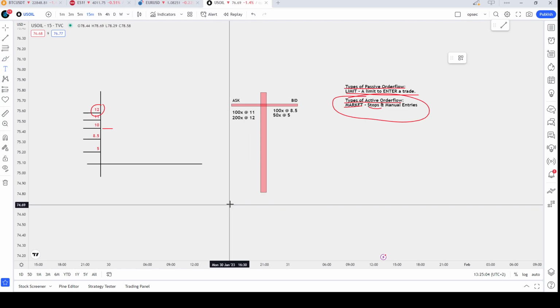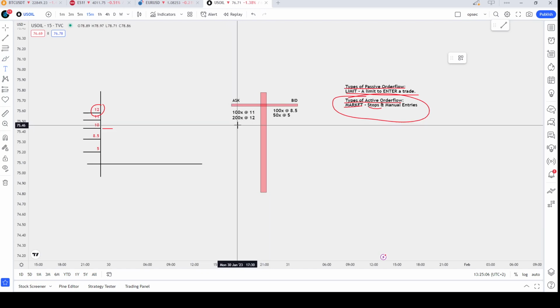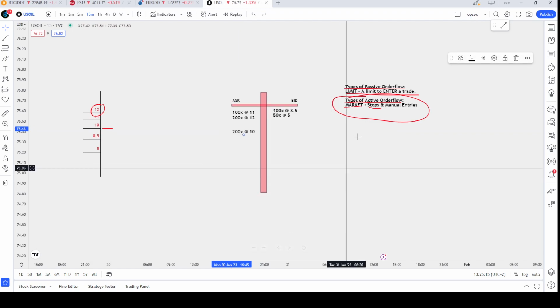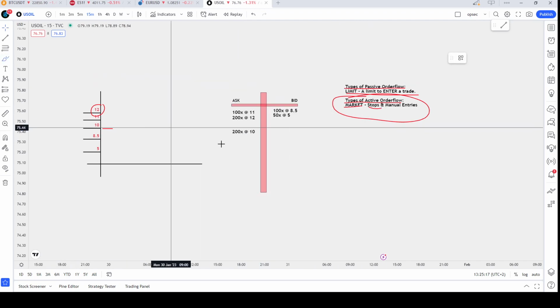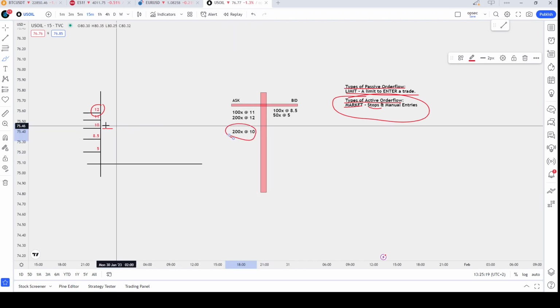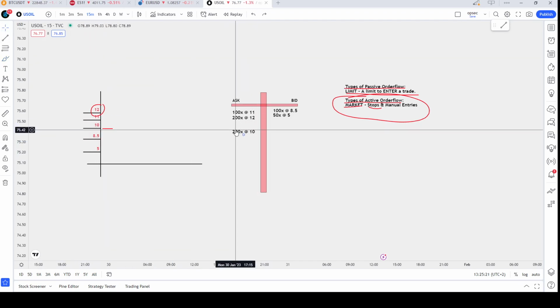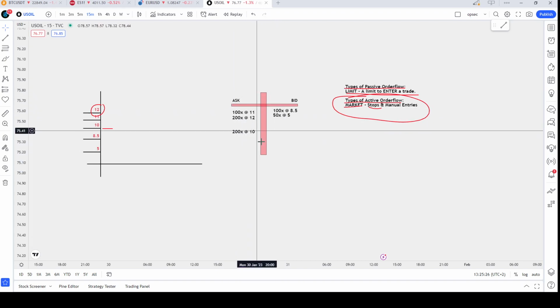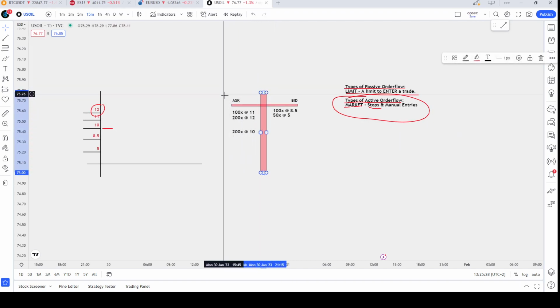10 would be the last price where there was a participating buyer and seller. What do I mean by that? Let's just say there was a limit over here, 200 contracts at 10. Somebody of the active order flow went ahead and bought that out, and that is why price is currently at 10. And now that limit moved over to our active order flow chart. This is our passive order flow chart. Let's just draw an active order flow chart.